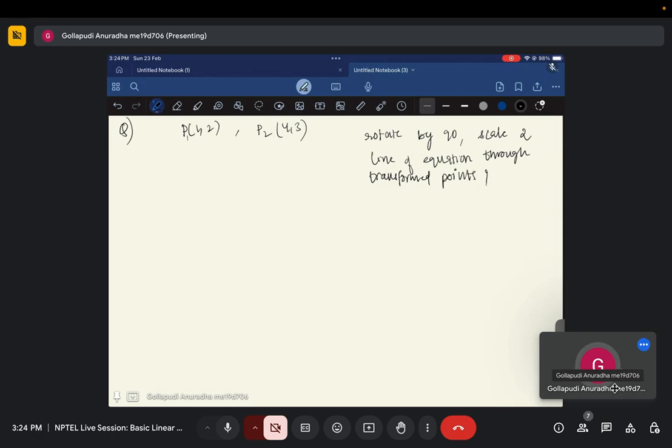So you have 2 points, 1, 2 and 4, 3. Rotate them by 90 degrees and scale by a factor of 2, and you will get 2 new points. And what is the line equation through that?